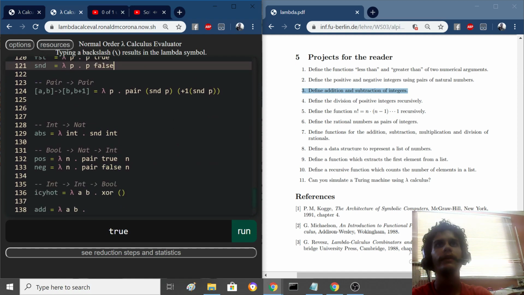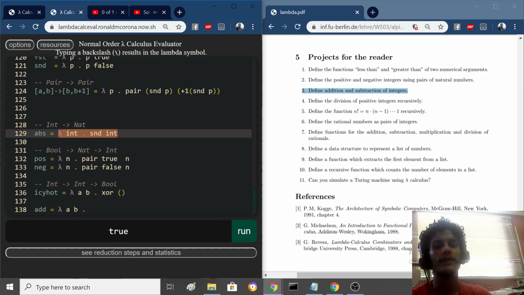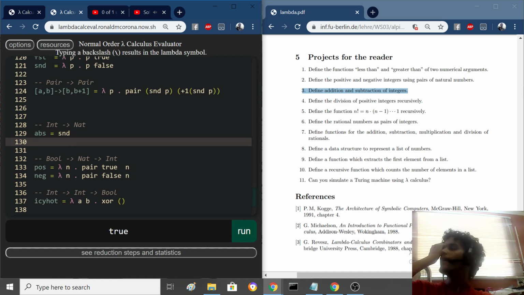The first one is the sign, right? True or false? Is it positive or negative? And the second is the actual natural number, the absolute value. So instead of this, we can just write SND, right? It's actually the same as the second function, but now called something that would make more sense to us now that we're working with integers.